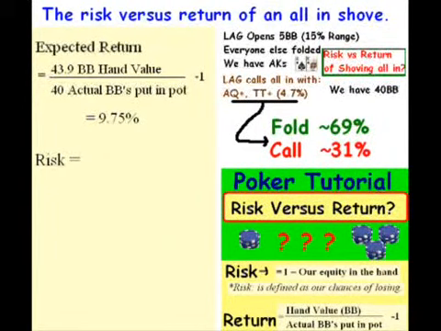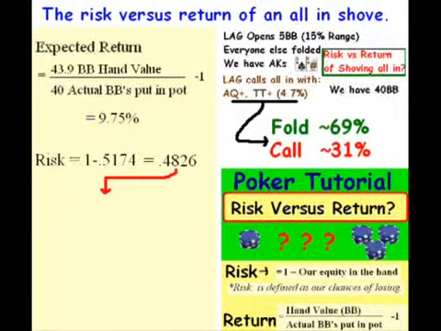Now, if you remember from our earlier portion of the tutorial, our risk is defined as 1 minus our equity in the hand. So first of all, we're going to start off with 1 minus 0.5174, which is our weighted equity against its calling range, and that equals 0.4826. But you say, wait a minute, that's not the right number, and no, it's not.